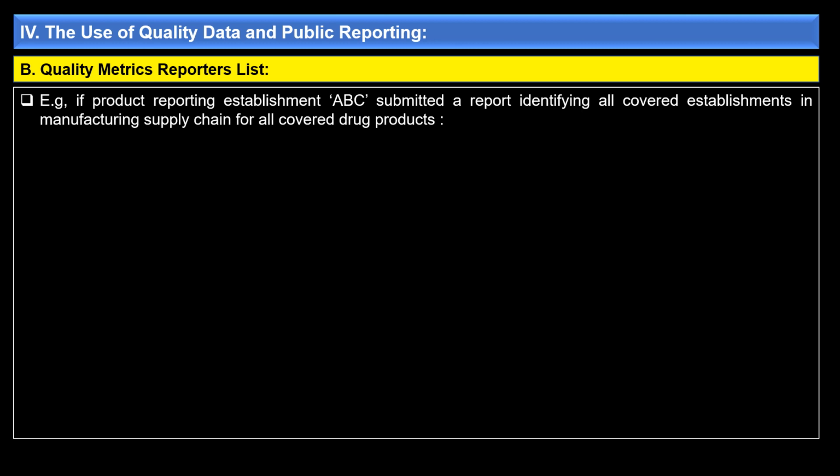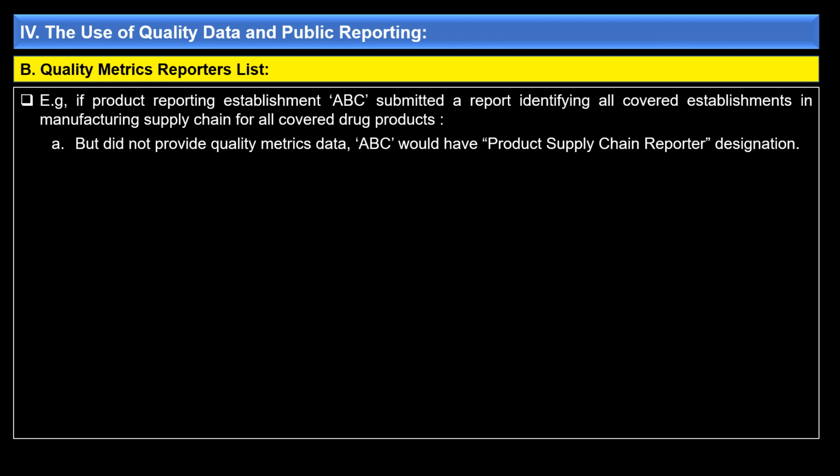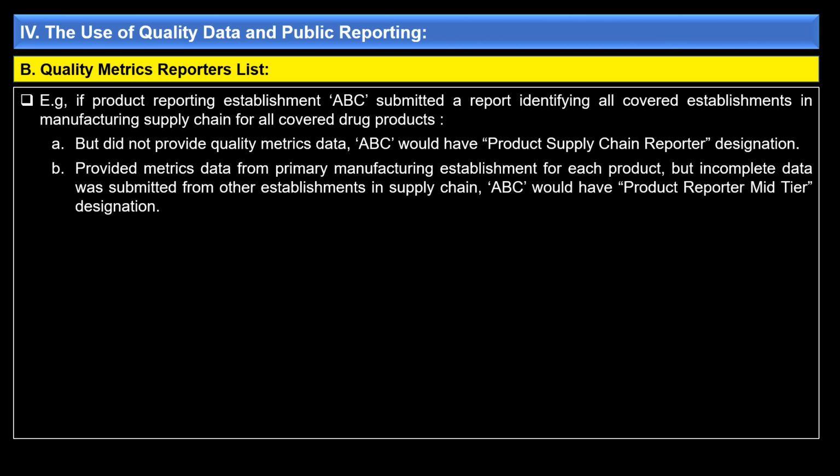If we look at examples for the reporting categories for product, say a product reporting centralized organization, ABC, reports identifying all covered establishments in the manufacturing supply chain but did not provide quality metrics data, then ABC would have a product supply chain reporter designation.